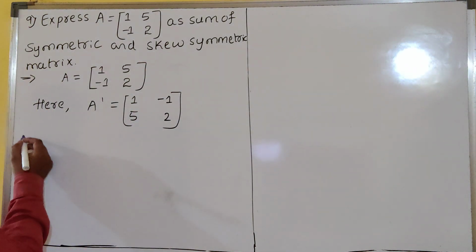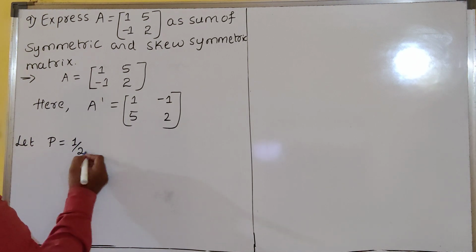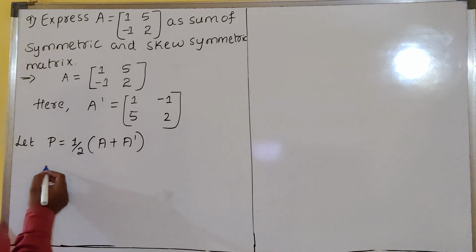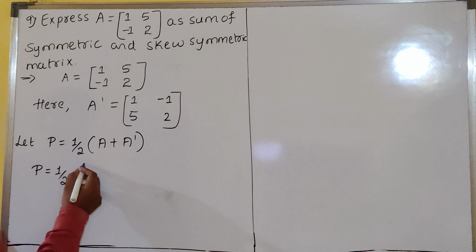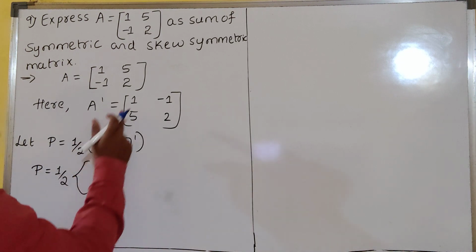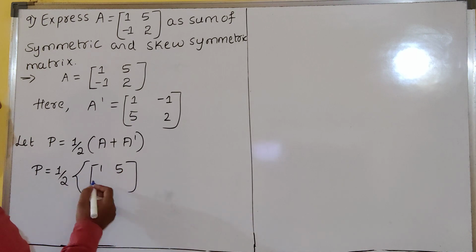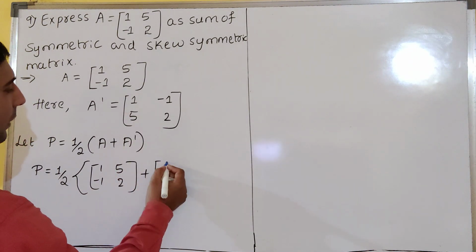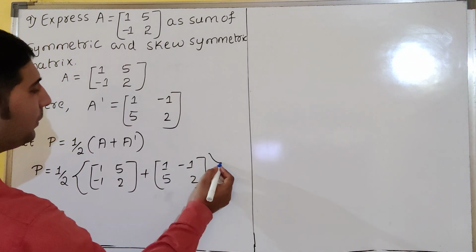So now let P is equal to half into A plus A transpose, dear students. So P is equal to half into A, which is [1 5; -1 2], plus A transpose, which is [1 -1; 5 2].